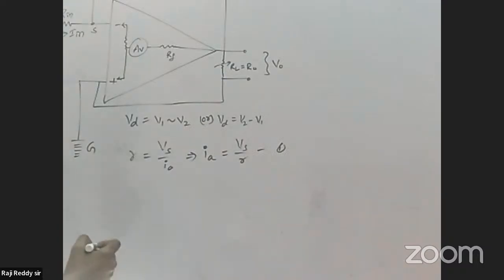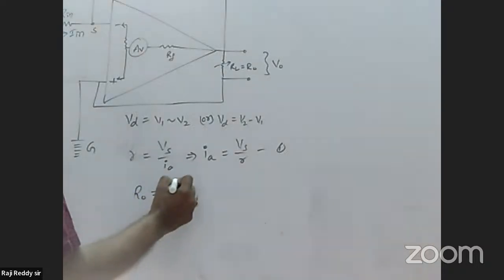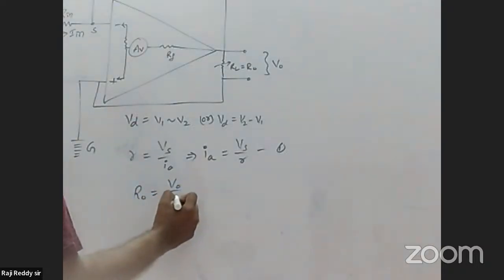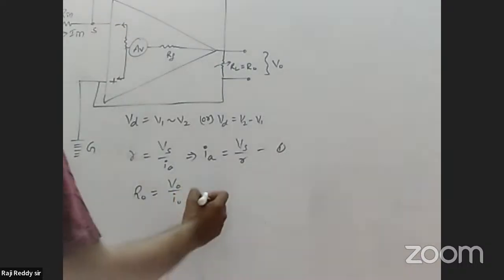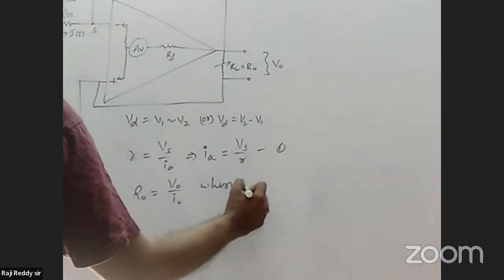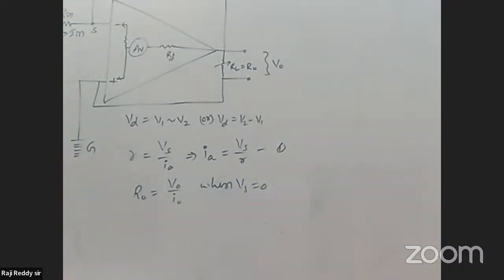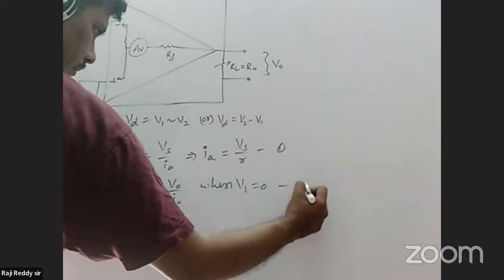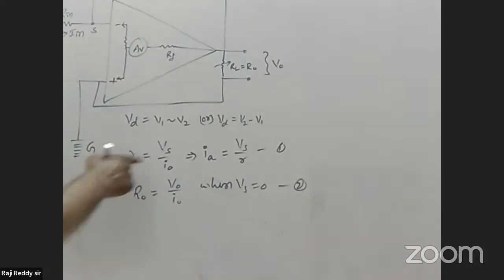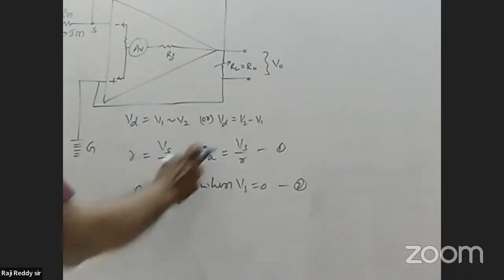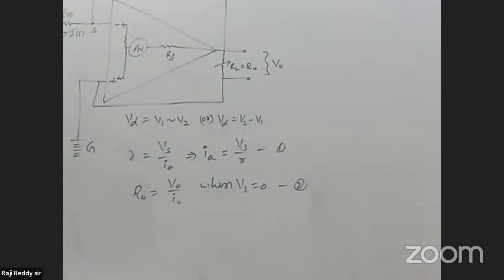From that, V is equal to IR, R is equal to V by I, when Vs is equal to 0.